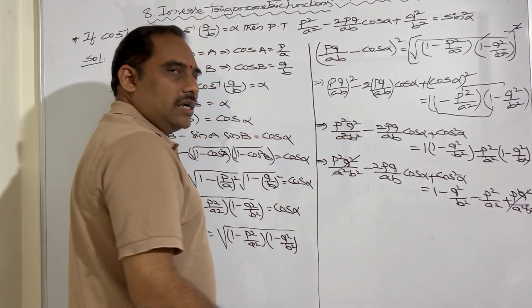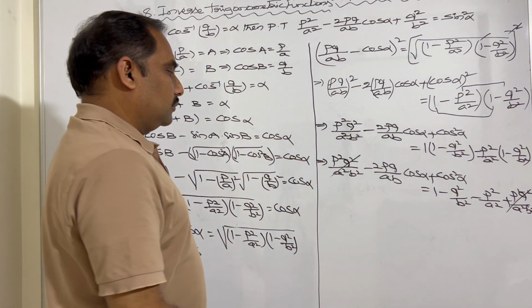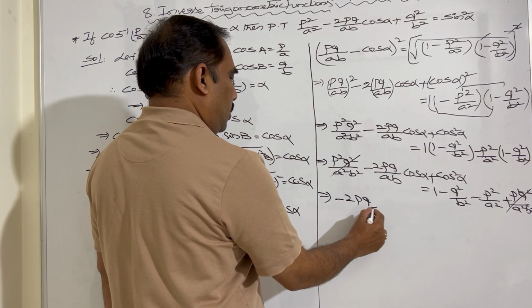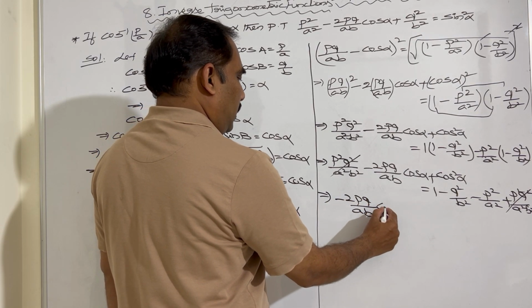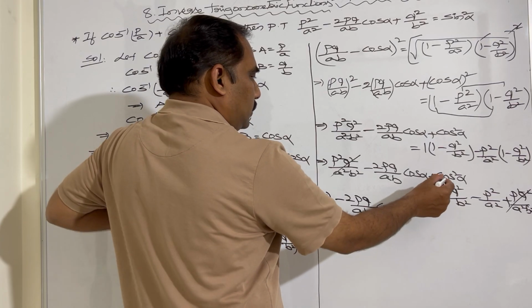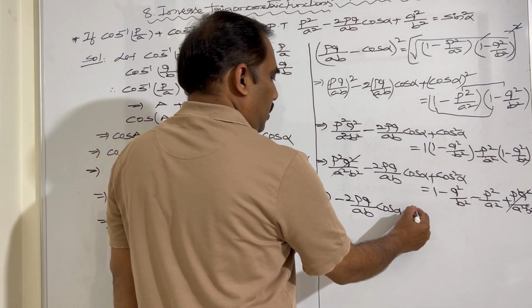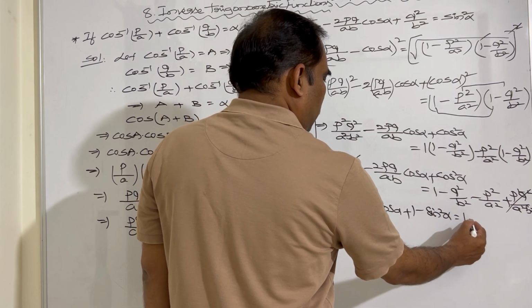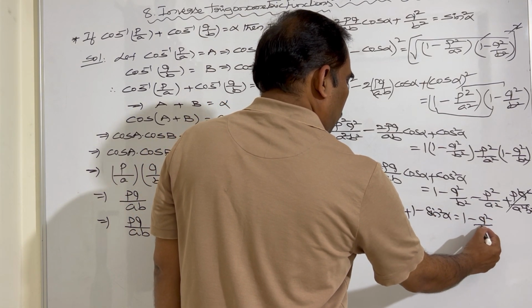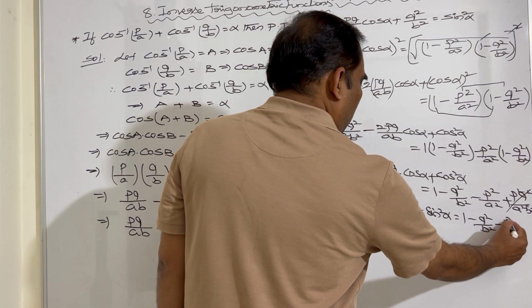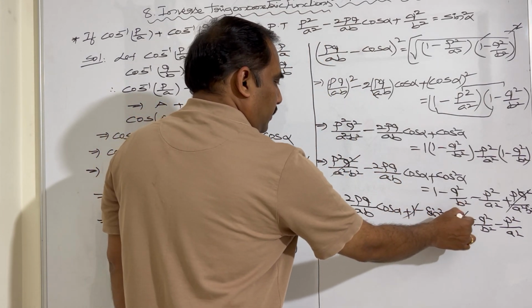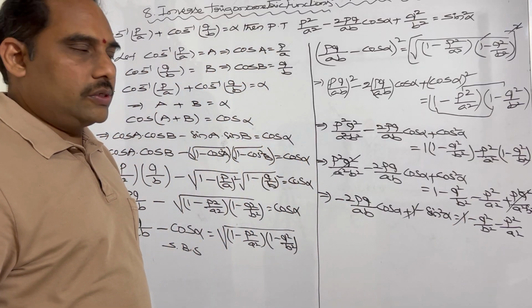These two terms get cancelled on both sides. Then minus 2pq by ab cos alpha, and cos square alpha we write as 1 minus sin square alpha, and on the right side we have 1 minus q square by b square minus p square by a square. The 1 also gets cancelled on both sides.